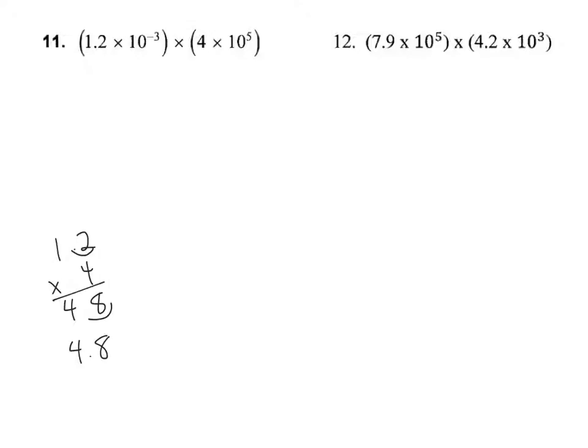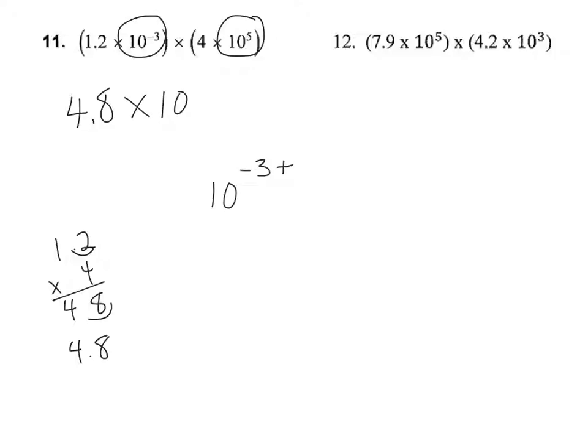I'm going to get 4.8 times 10 to the, and remember, when we're multiplying these two numbers, we just simply add the exponents. So this would be 10 to the -3 plus 5. -3 plus 5 is 2. So I get 4.8 times 10 to the second. Is this in scientific notation? And the answer is yes, it is.